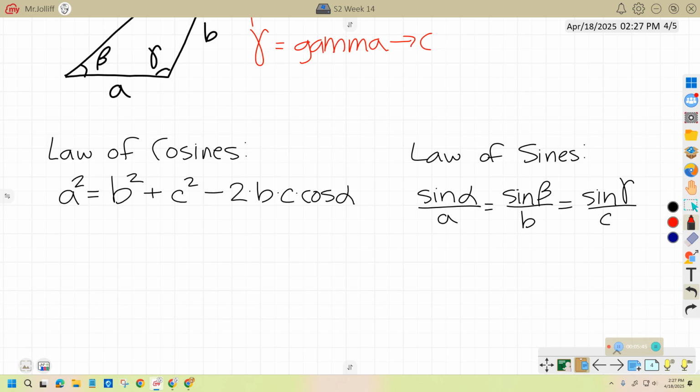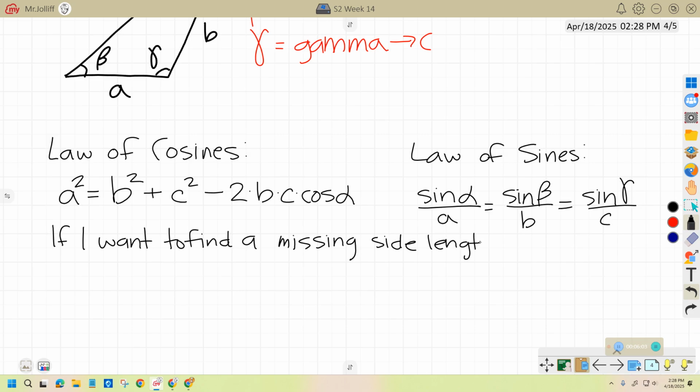So we're going to consider a question. I want to find a missing side length.